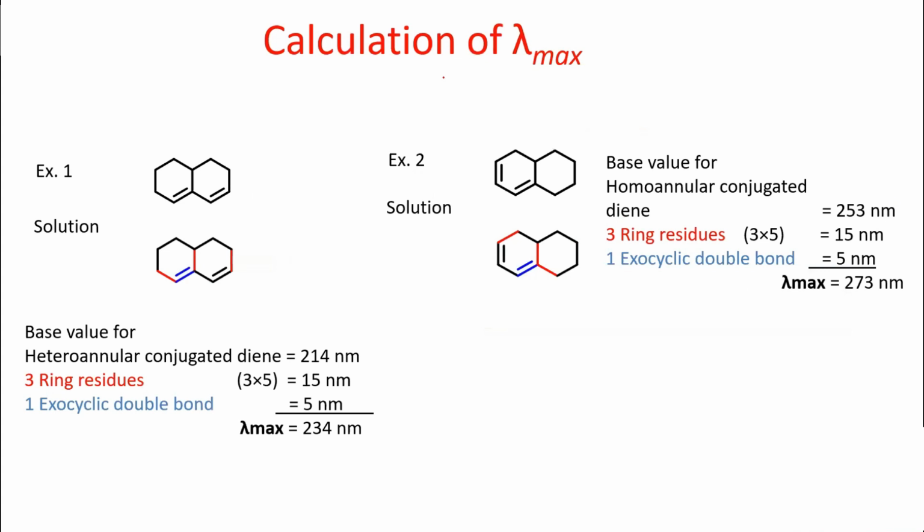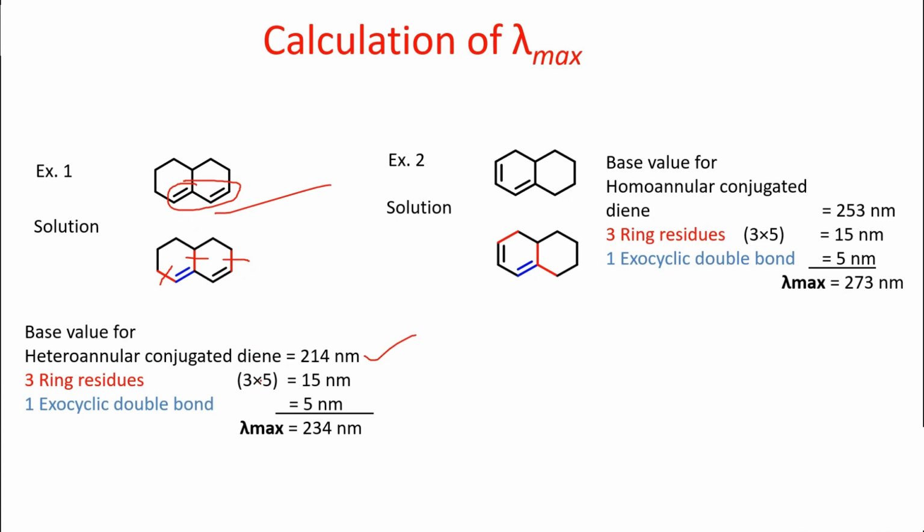Let's discuss with examples. Here we can see that in this molecule, two double bonds are present in two different rings. So this is a heteroannular conjugated diene. The base value of heteroannular conjugated diene is 240 nanometer. And we can see that 3 ring residues are also present.